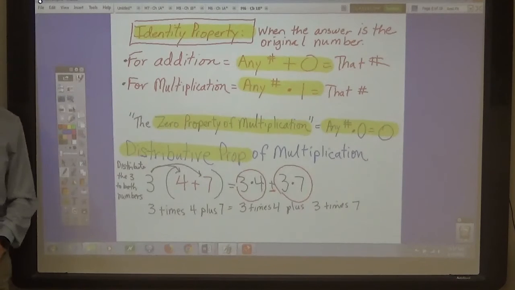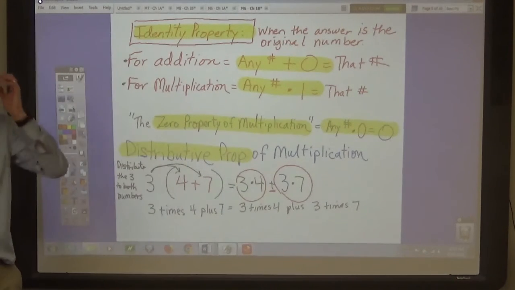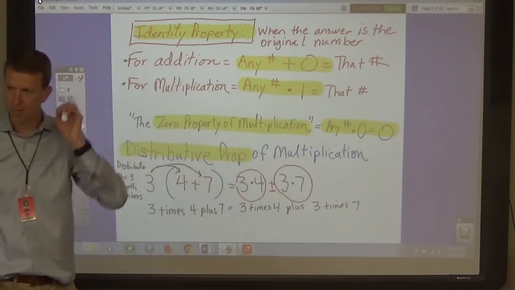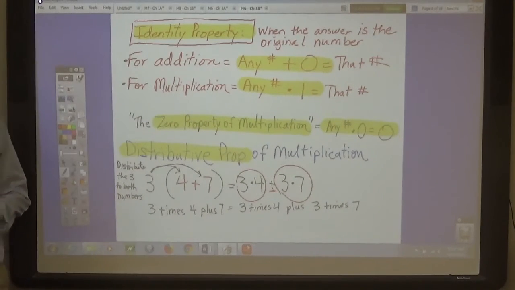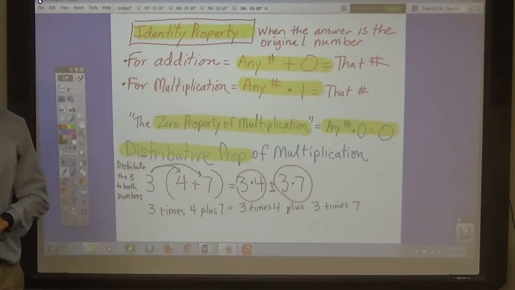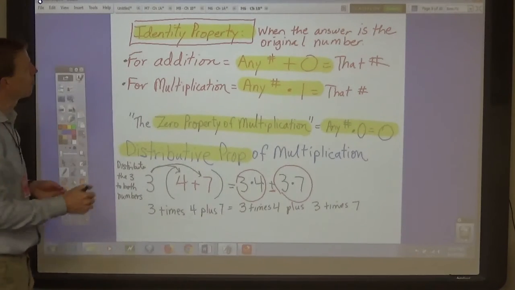Which property says that that works? Darren? That's the commutative property of, and then what type of operation is that? Yeah, it's the commutative property of multiplication, number 1.